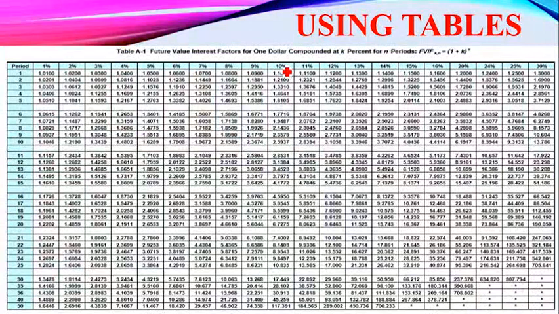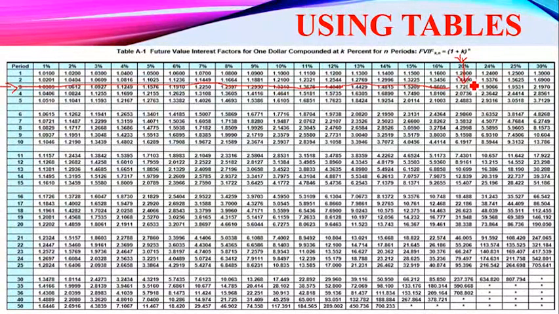Now, if you want to read the table, like in our question, our K is 20%. I go to where 20% is, and it is here. Then this amount of money will be invested for 3 years. I go to where 3 years is. Then I move like this and check the point where it meets the 20%.